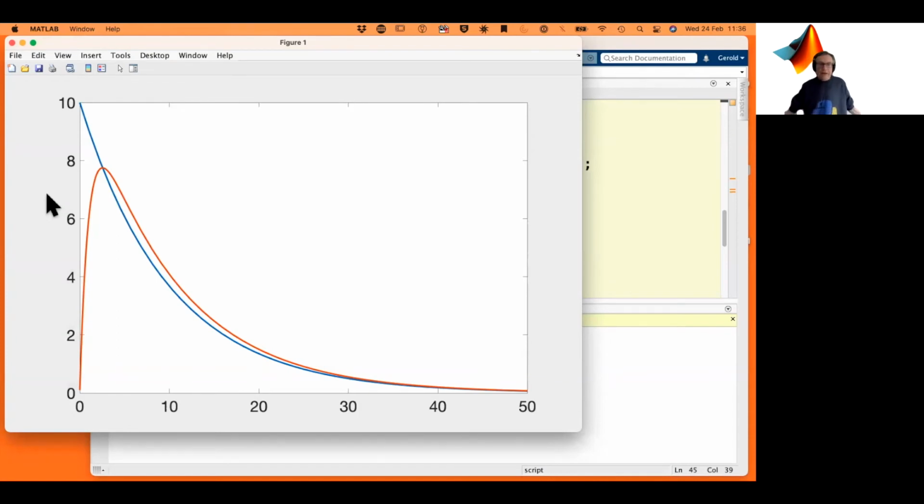Okay, does it make sense? So what we can see is, with those parameters specified there, blue is the solution for y, the temporal evolution of the variable y, the regulatory protein.